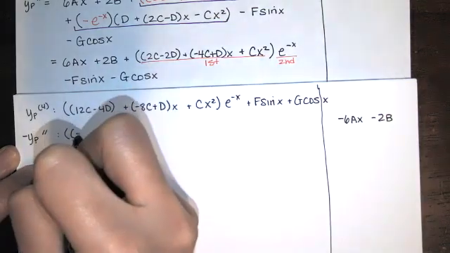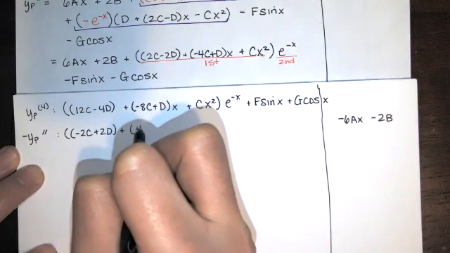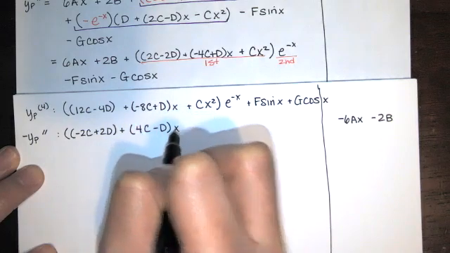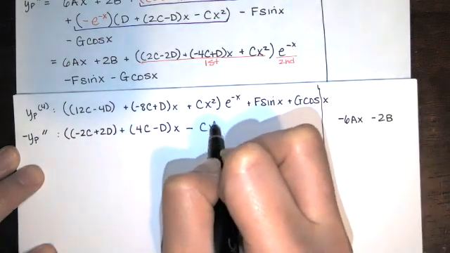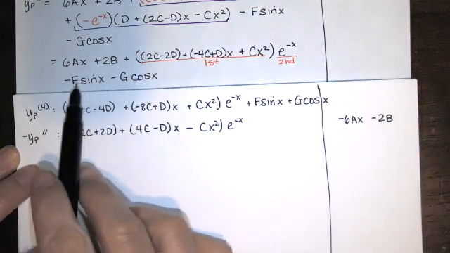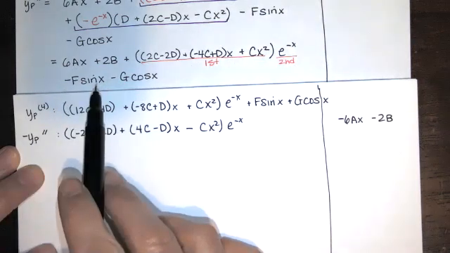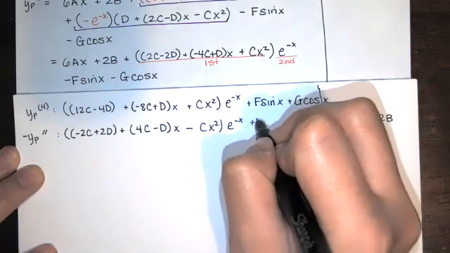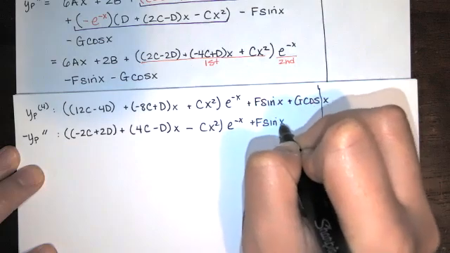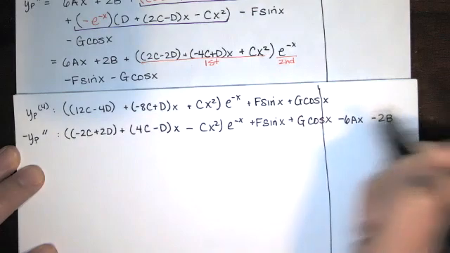So that's going to give me a negative 2c plus 2d, 4c minus d, and a minus c times x squared there. And then we're multiplying this by negative 1, so it's a positive f times sine of x, and a positive g times cosine of x.